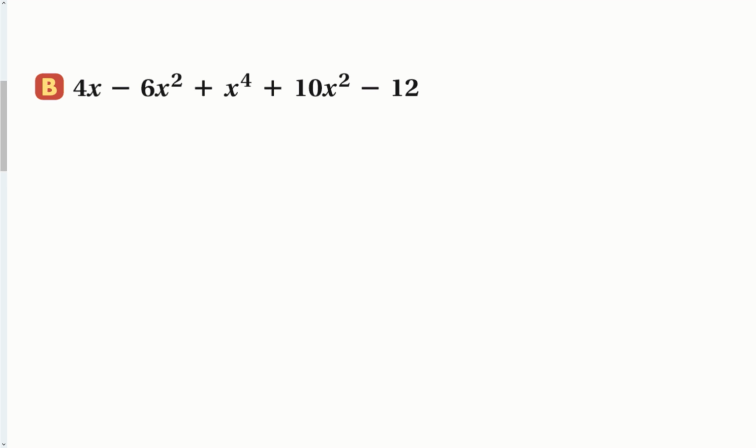For part B, I would be tempted to say it's 5 terms, but it's not. We have x to the 4th. There is no x to the 3rd, but the x squareds can go together. So that's going to be plus 4x squared plus a 4x and a minus 12.